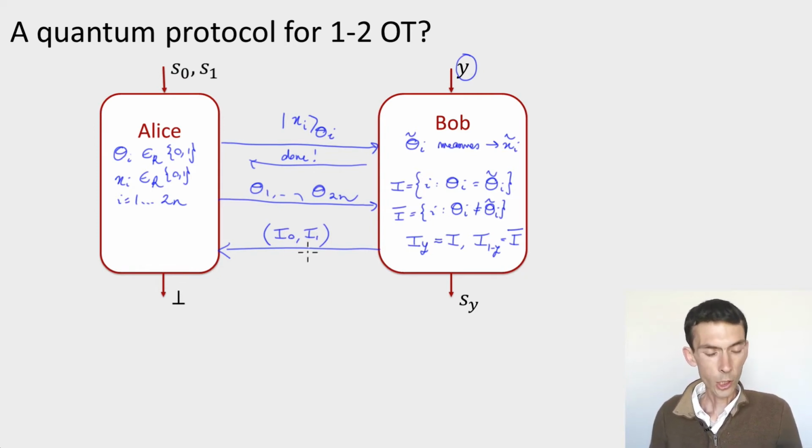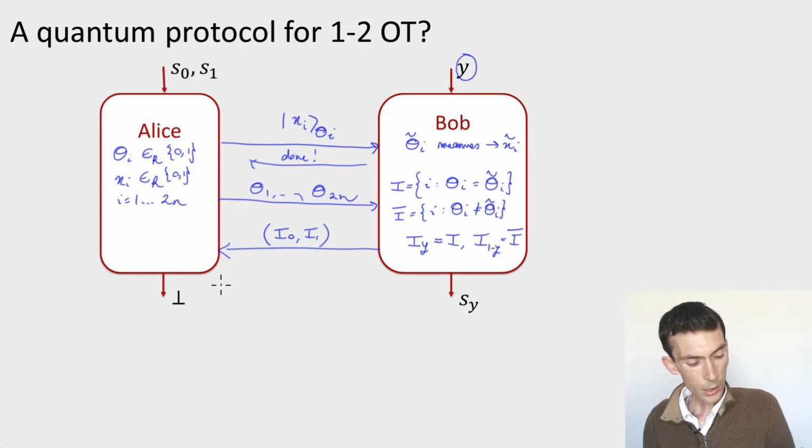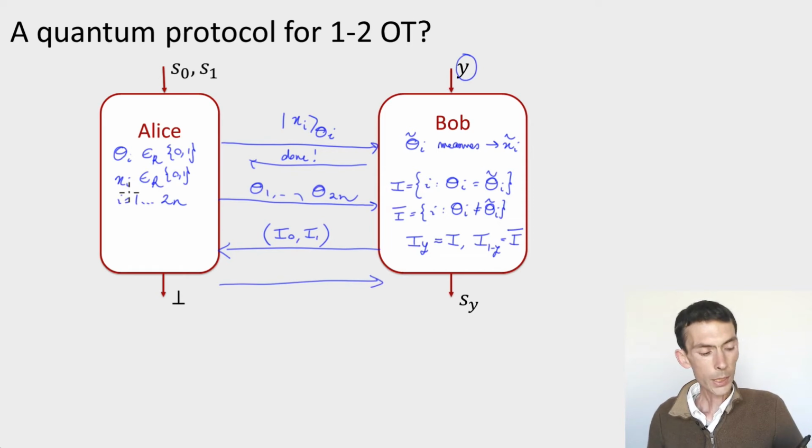Alice doesn't know this, she gets the two sets, and what she does is that she replies with her bits XORed with her secret string depending on the interval I. So she'll send two things. One is x_{I_0}, so these are the bits x indexed by the values in I_0, XORed with S_0.